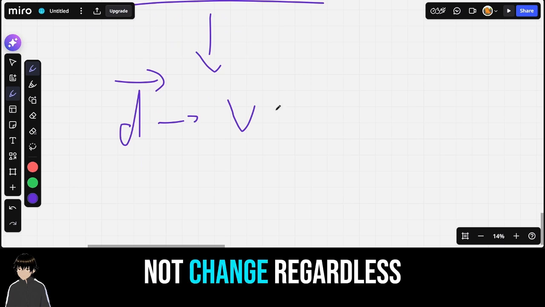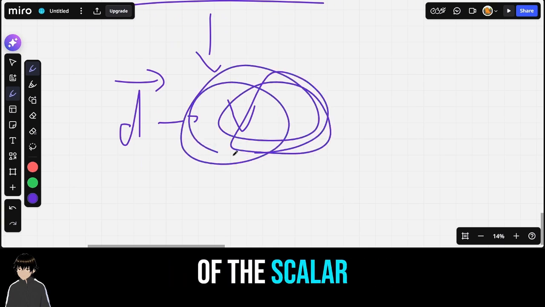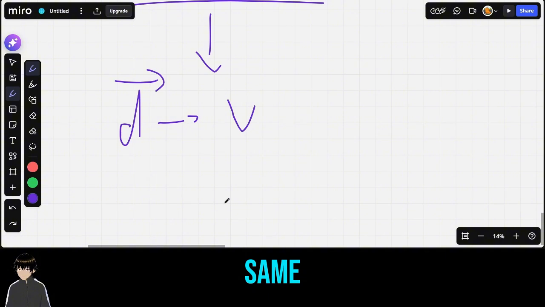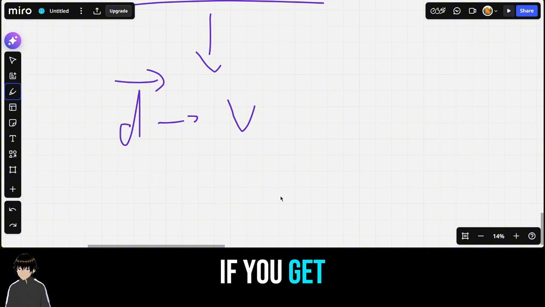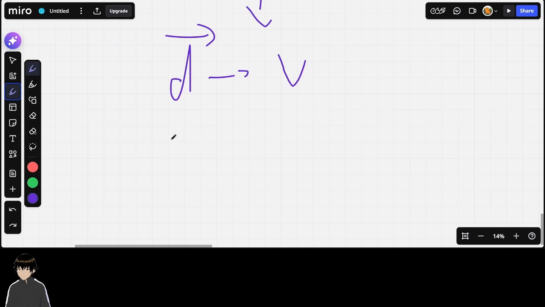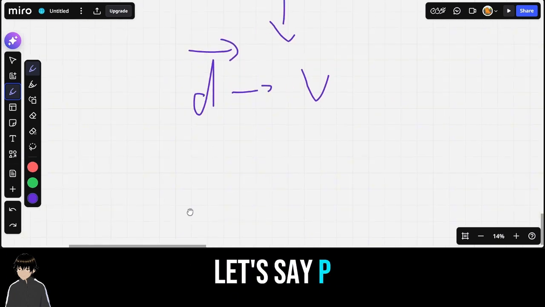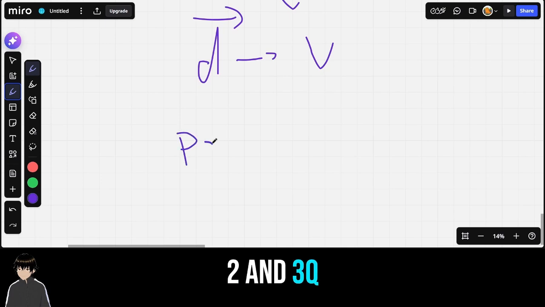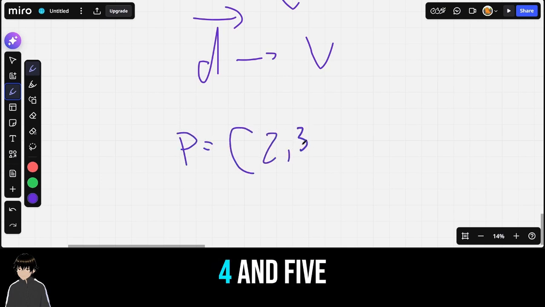They do not change regardless of the scalar. They're still the same. Let's say you get 2 points. Let's say P is equal to 2, 3. Q is equal to 4 and 5.